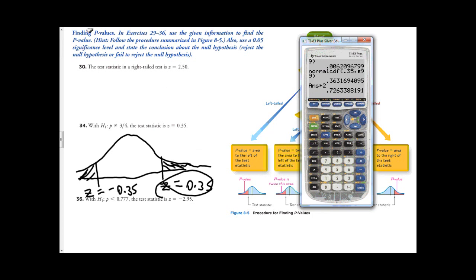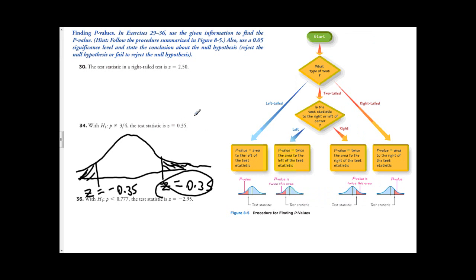So the p-value for this hypothesis test is actually equal to 0.73, which is twice the area to the right of this test statistic. And that p-value is a lot larger than alpha of 0.05. So when the p-value is larger than 0.05, we fail to reject the null hypothesis.